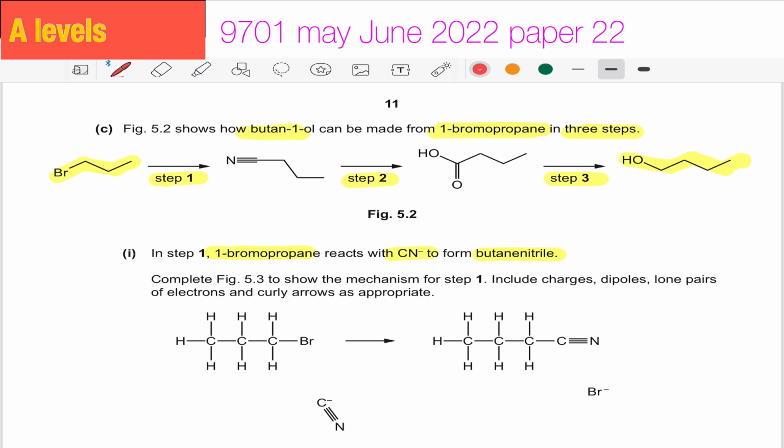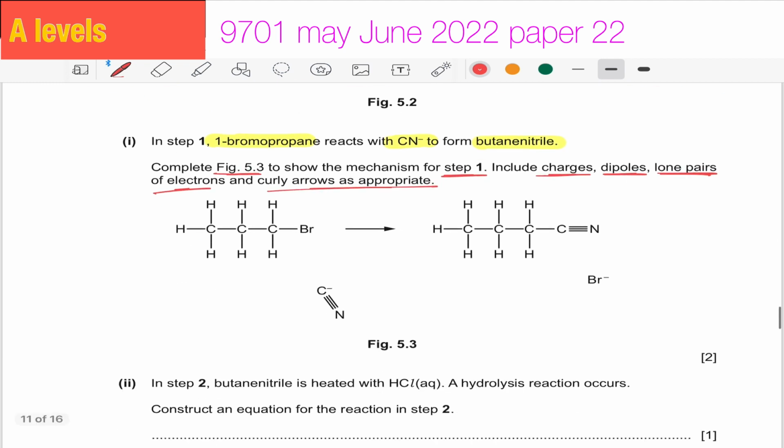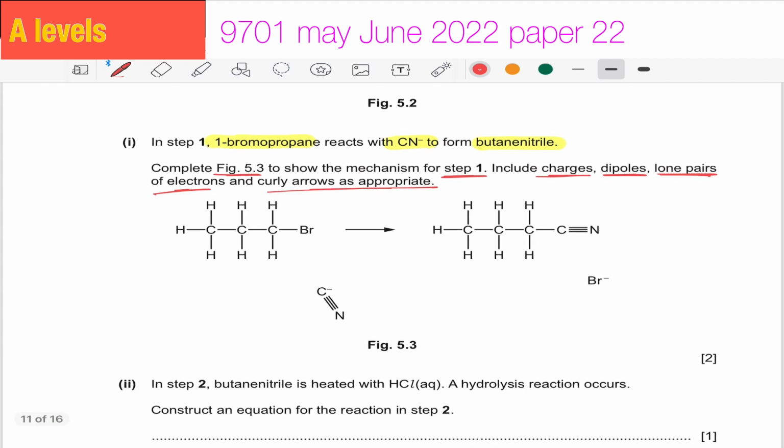Now what we have to do: complete figure 5.3 to show the mechanism for step 1. Include charges, dipoles, lone pairs of electrons and curly arrows as appropriate. So this is nucleophilic substitution, and we have a primary halogenoalkane, right? What is a primary halogenoalkane? One in which the carbon attached to bromine has only one carbon directly attached.